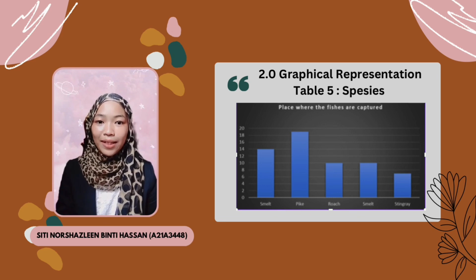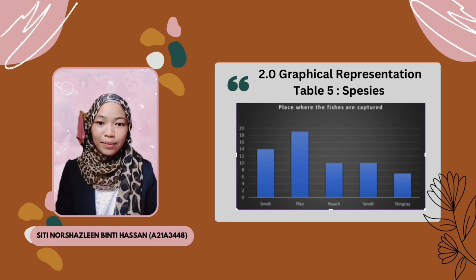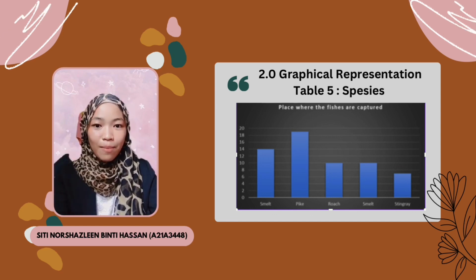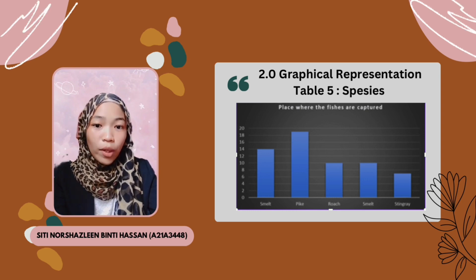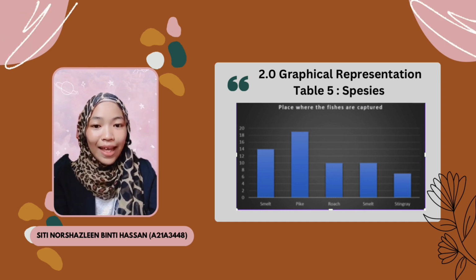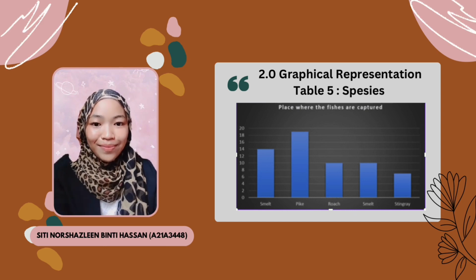Graphical representation for the 60 sample. As you can see beside me, we are using a histogram graph. Firstly, for the species, based on the table in the sample, we can observe from the highest level: stingray with 11.7%, smelt with 60.7%, perch with 23.3%, roach with 60.7%, and the lowest level is pike with 31.7%.